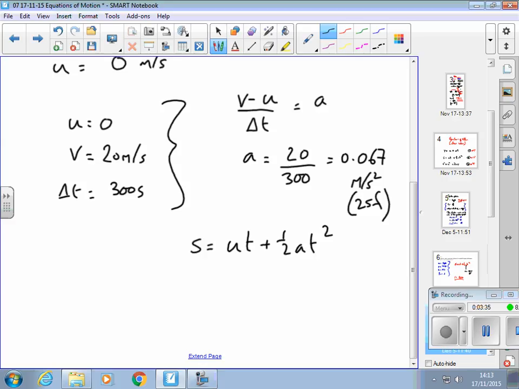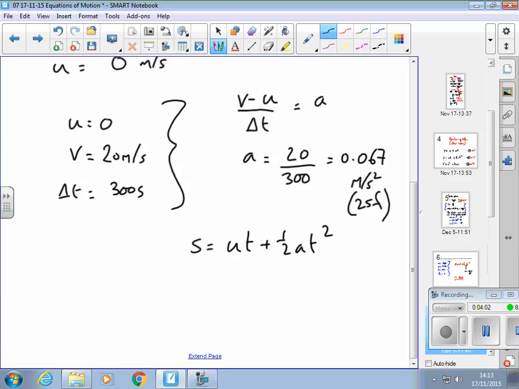Yeah. That uses something we found, which is acceleration. Is there a way we could have found the displacement without using something we've calculated? Using the original information, is there a way we could have found the displacement?